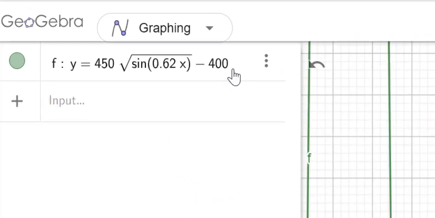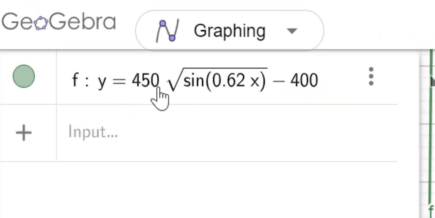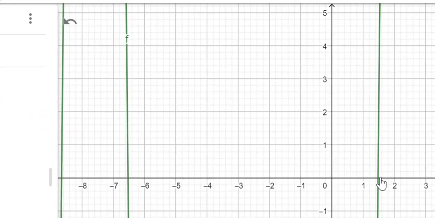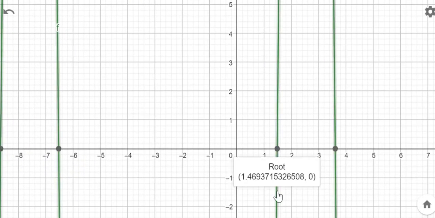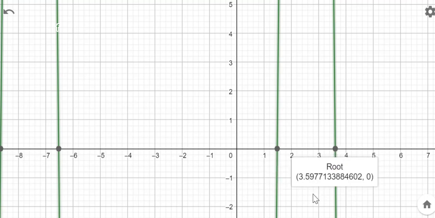I'll bring up GeoGebra right here. You can see I put in y equals 450 square root of sine of 0.62x minus 400. And do you see how if I do this, the root, right here it hits the x-axis at 1.46937. You can see another one is 3.5977.